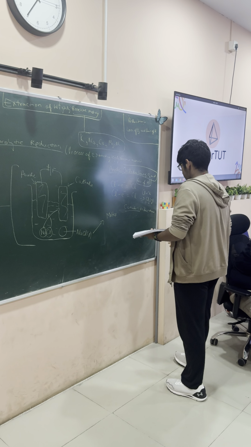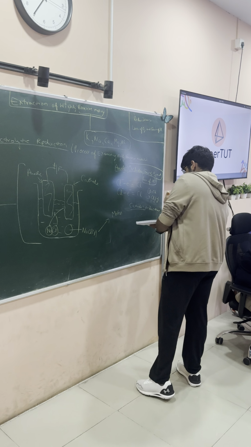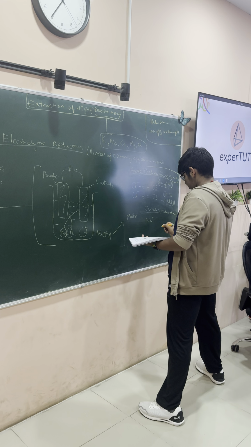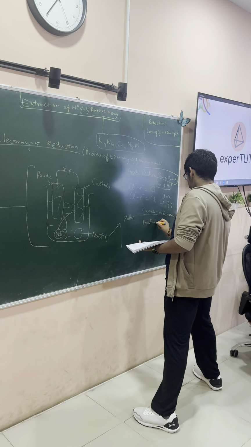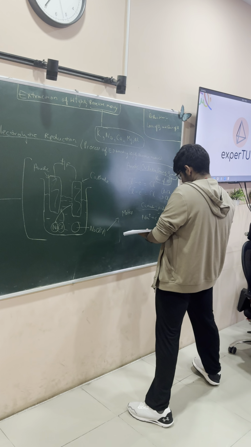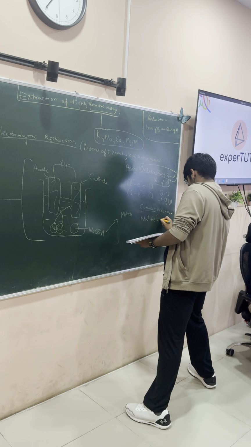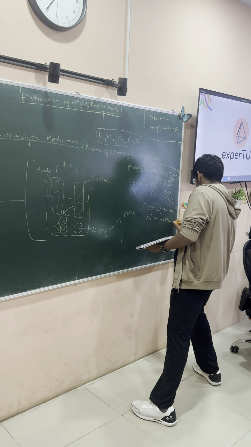Loss of hydrogen. So now after that, Na plus gets transferred to the cathode, and it takes another electron, plus e minus, so it gives you Na in its liquid form.